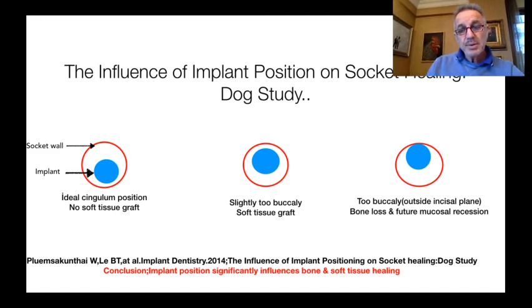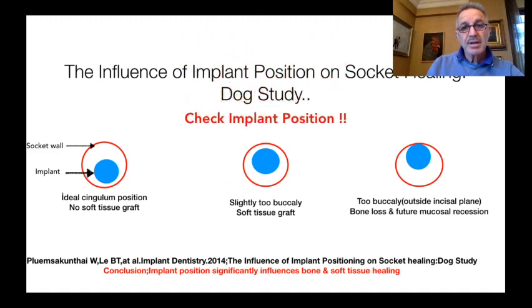If you place your implant too buccally, I mean outside of the incisal plane, it will definitely cause bone loss and future mucosal recession. So the conclusion is that implant position significantly influences bone and soft tissue healing. So don't forget this.